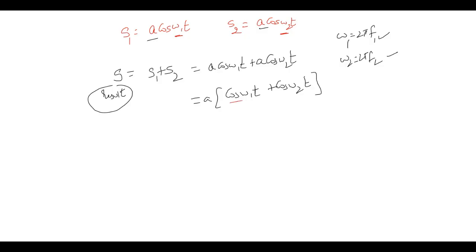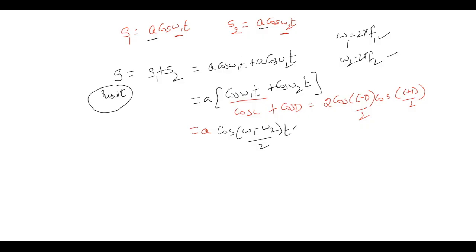Okay, this is like the cos C plus cos D formula. Cos C plus cos D is 2 cos (C minus D)/2 cos (C plus D)/2. Then this will become 2A cos((omega 1 minus omega 2)/2 times t) cos((omega 1 plus omega 2)/2 times t). Correct?